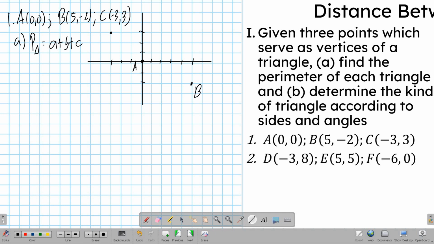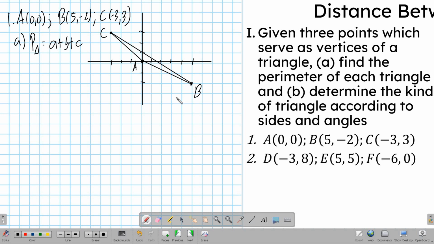So, if we're going to connect these points, ayan. Then, let's connect this one here also. Medyo ano lang, but yeah, that's still a triangle.